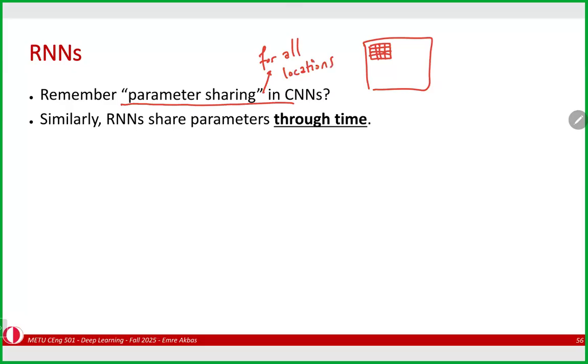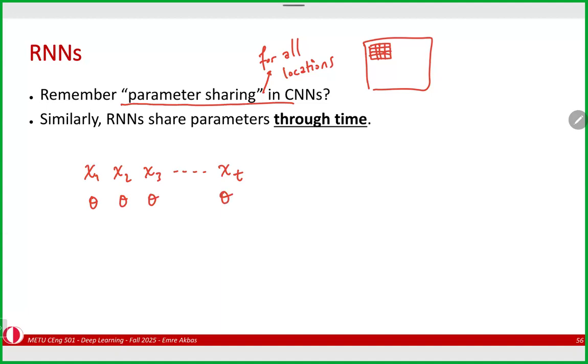A similar idea, RNNs have a similar idea, but this is parameter sharing through time. Let's say you have a sequence. This is your input. It consists of T elements. You can think of this as time. And you process each element of the sequence using the same parameters of your network.